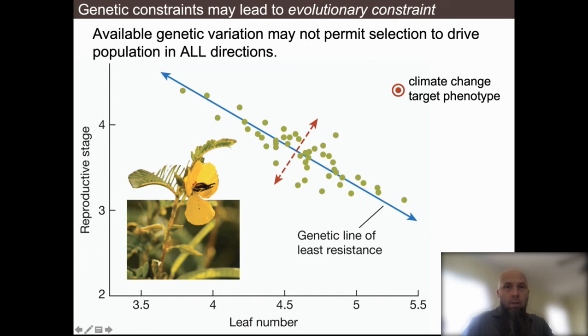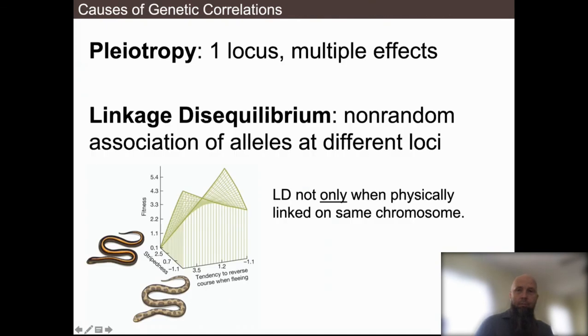And no, this isn't the only time the climate has ever changed. That's not the argument. The idea is that the climate's changing faster than it has in the past, but that's a conversation for another day. But recognize that not all populations are going to be able to evolve and adapt to these changes because there are likely to be a number of evolutionary constraints that prevent them from doing so, okay?